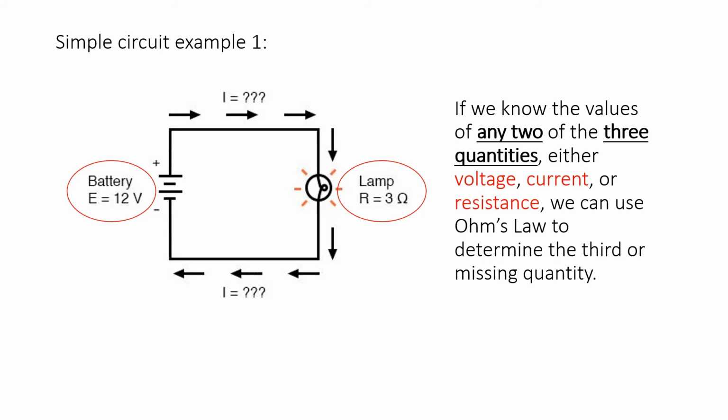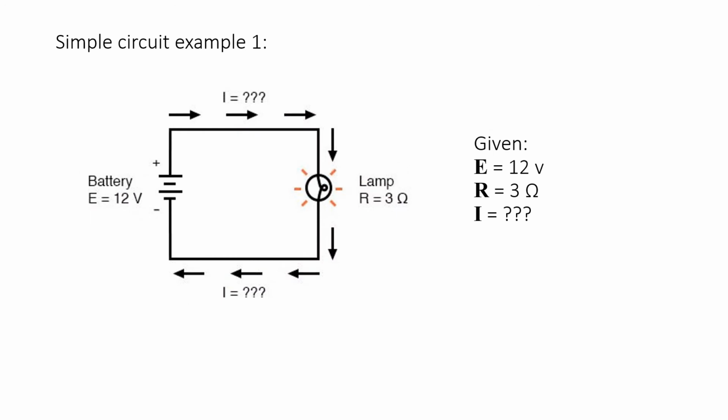In this first example, we will calculate the amount of current in a circuit given values of voltage and resistance. The battery, which is the source of the voltage, is equal to 12 volts, or E is equal to 12 volts.